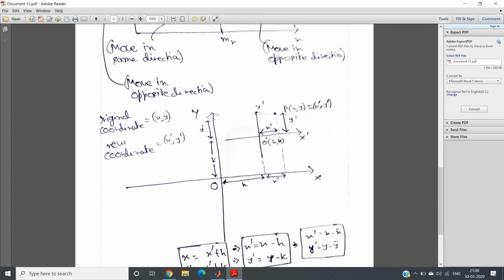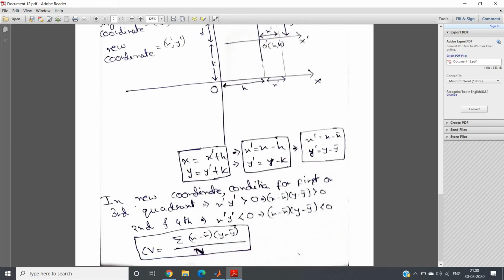So we can simply conclude that x is equal to h plus x bar, and y is equal to k plus y bar. So the relationship is x equals x bar plus h, y equals y bar plus k, where x and y are the coordinates with respect to our original coordinate system, x bar y bar is the coordinate with respect to our shifted coordinate system, and h, k is the point where we have shifted our origin.